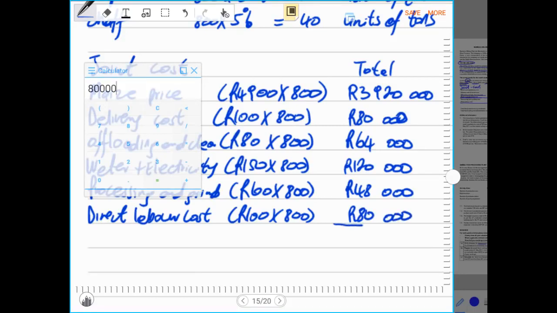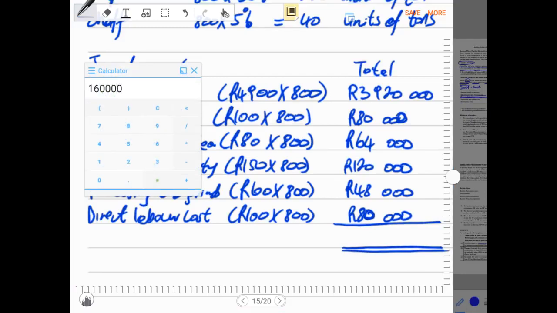So now we have the total of the joint cost. 80,000 times by 2, because there are two 80,000s, plus 48,000, plus 120,000, plus 64,000, plus 3,920,000.